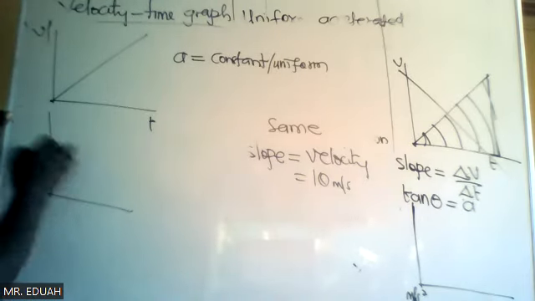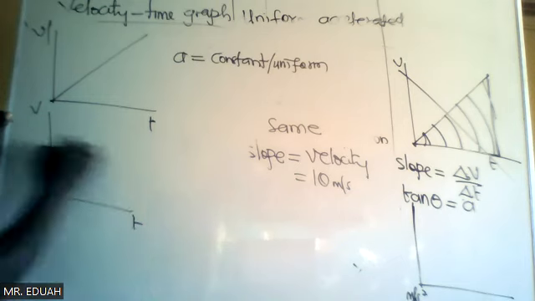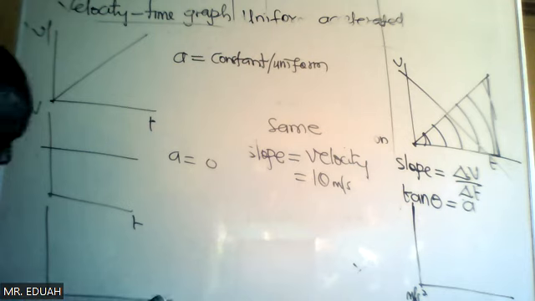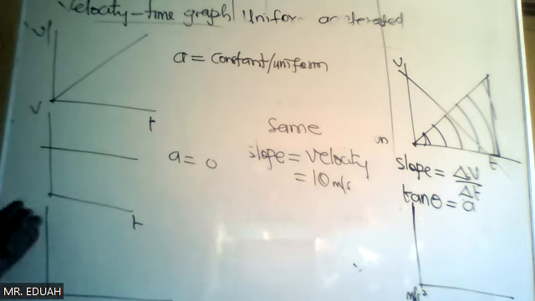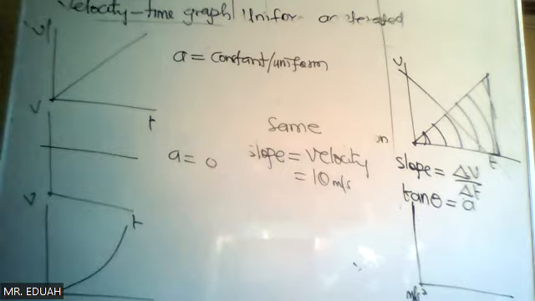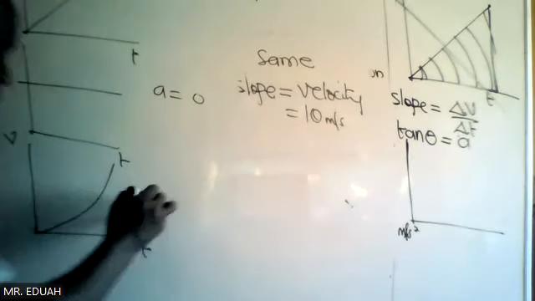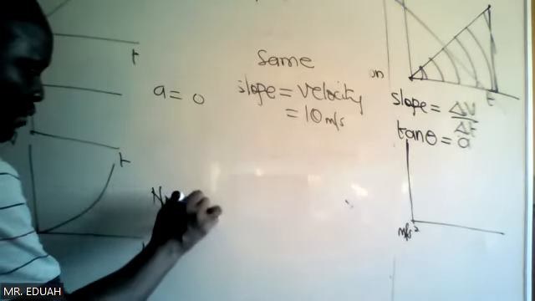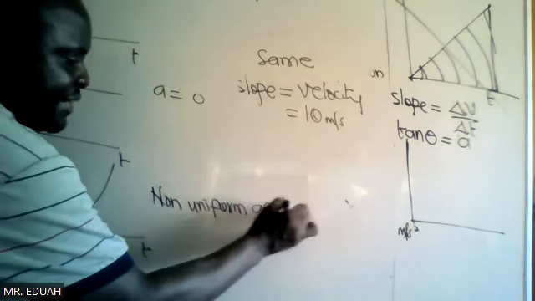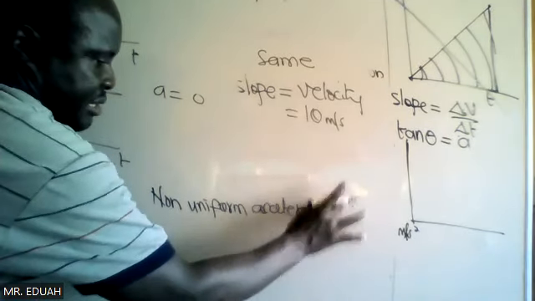And over here, in the VT graph, a is 0. Then non-uniform accelerated motion, VT. For this, this is non-uniform accelerated motion.